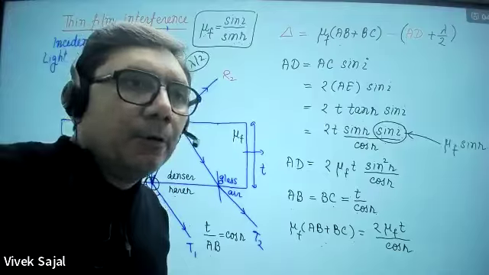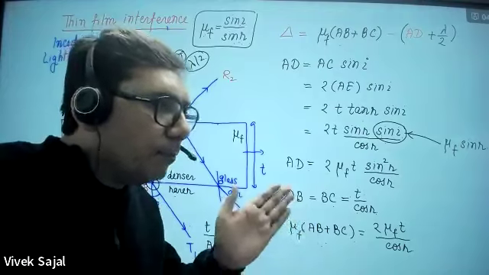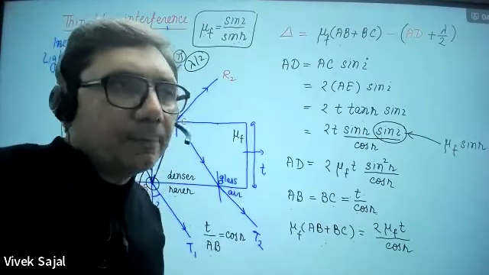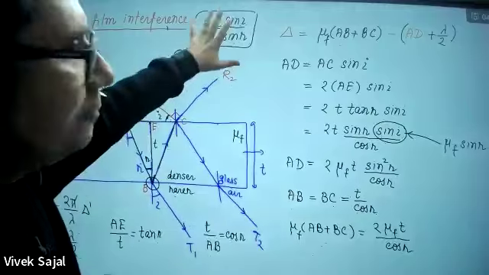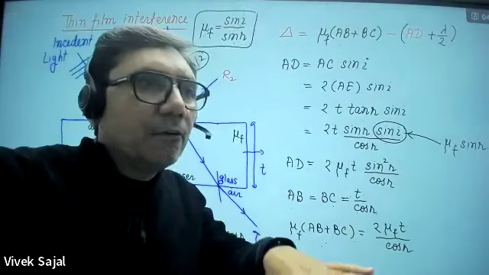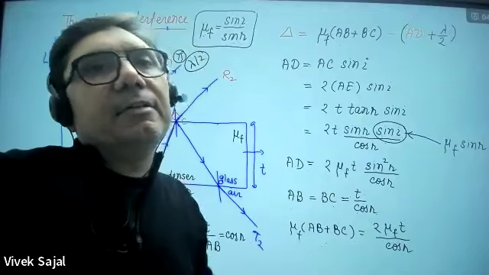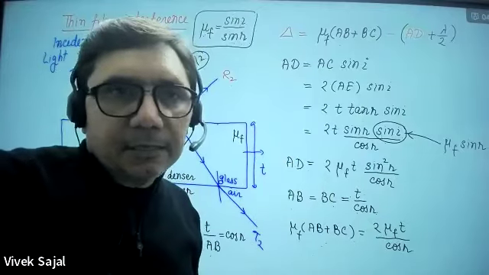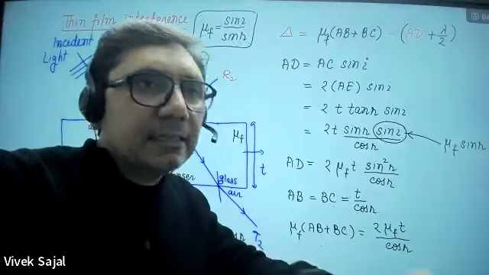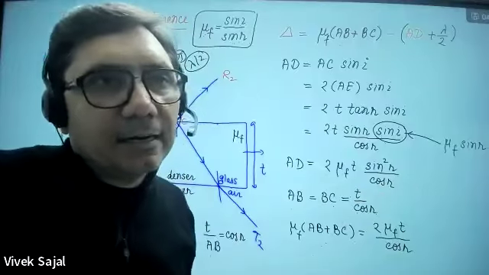Suppose you are observing a blue color fringe. It means for the blue color wavelength, constructive interference is taking place. Suppose green color is absent, I am not observing green color in the reflected light. It means for the green color, destructive interference is taking place, or you can say minima is formed in the reflected light.